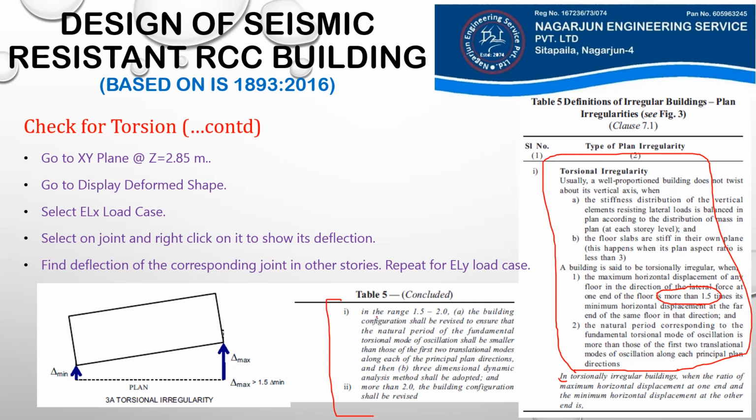If this ratio is in the range of 1.5 to 2, that means the ratio is greater than 1.5 but less than 2, then the building configuration shall be revised to ensure that the natural period of the fundamental torsional mode of oscillation shall be smaller than those of the first two translational modes along each of the principal plan directions.